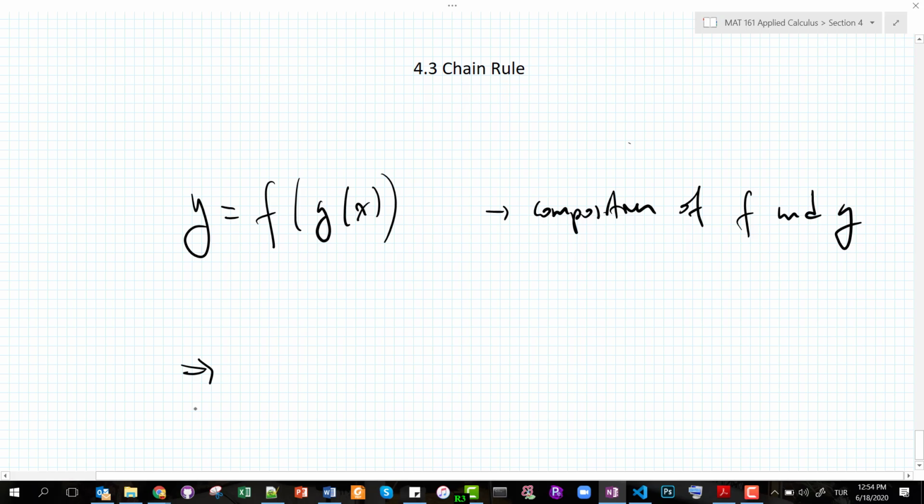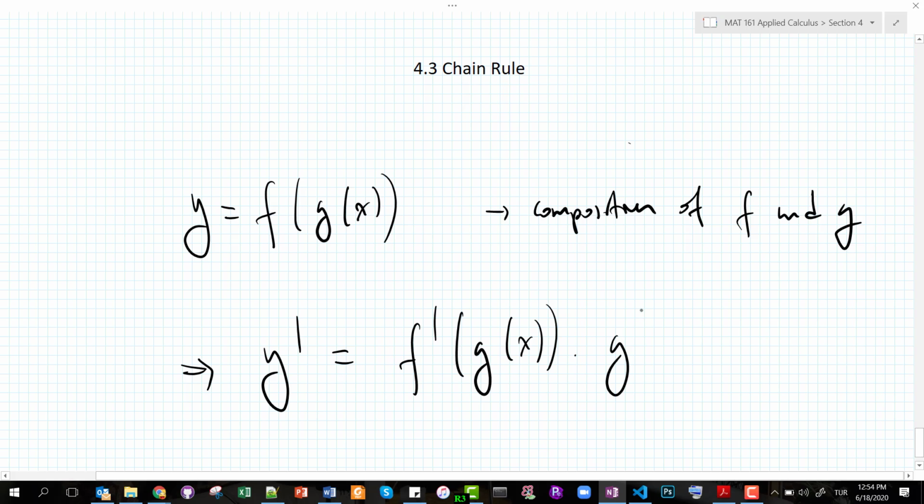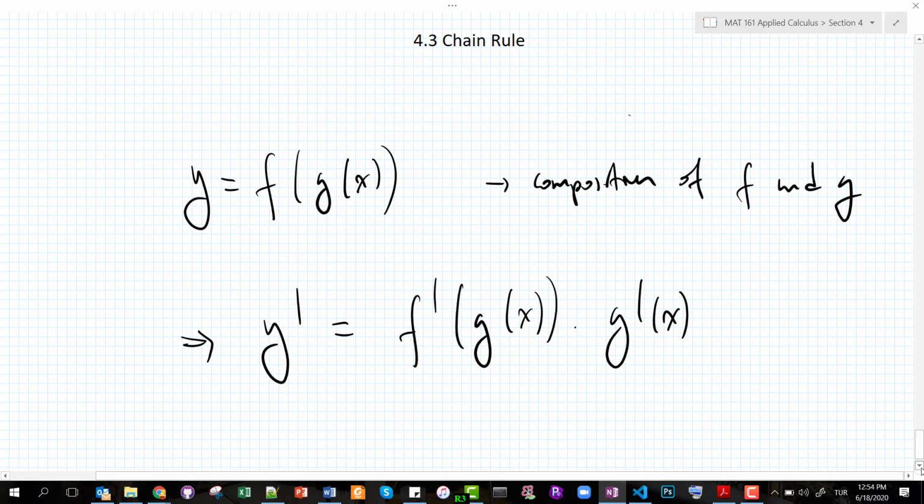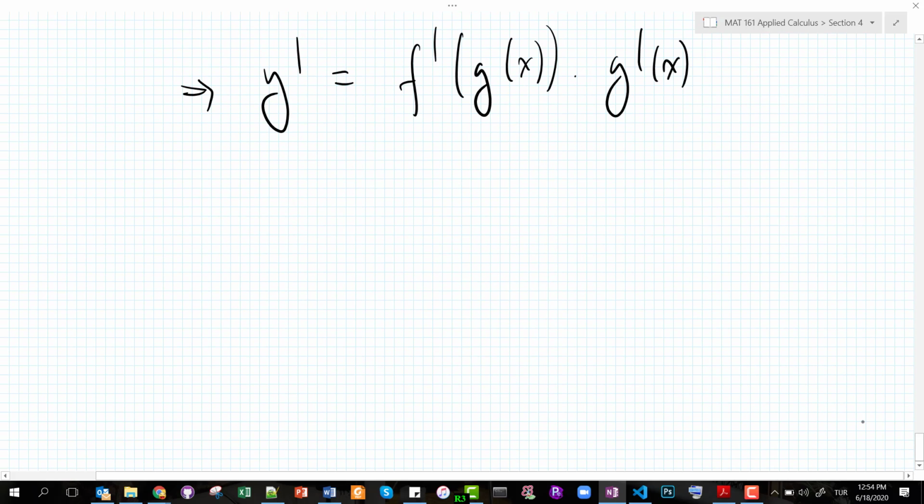If I take the derivative of this function, it is given by the chain rule in this way: f prime of g of x times g prime of x. That's what we call the chain rule, guys. I'm not going to prove this one. This is the rule we need to apply. We have another notation for this rule. Sometimes we may prefer using that one.